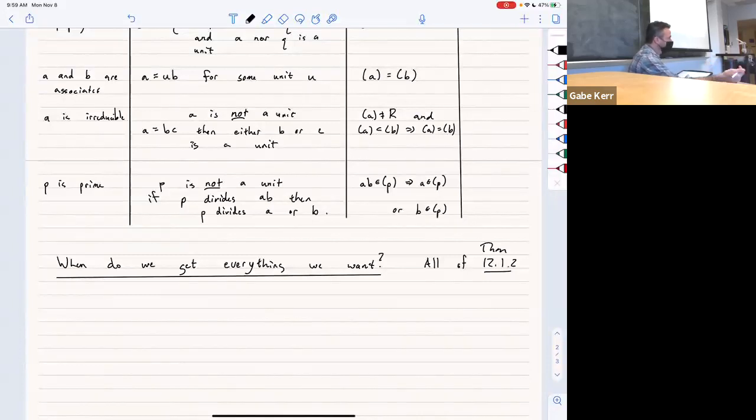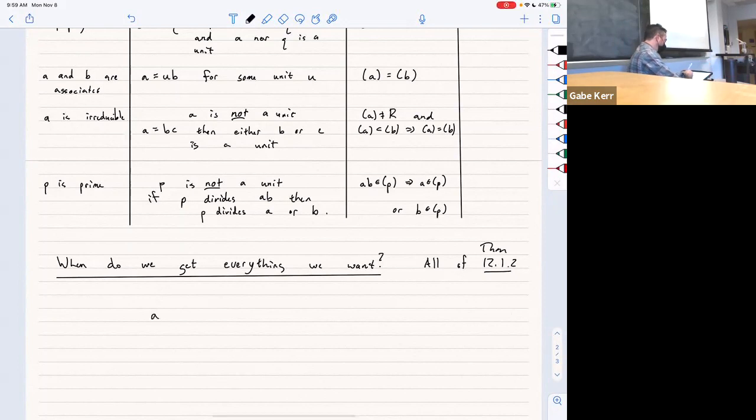But we had this division algorithm in both cases. We can divide and get remainders. And that allowed us to state almost identical theorems for those two cases. Indeed, we can abstract that idea of the division algorithm. But what we need is something crucial.